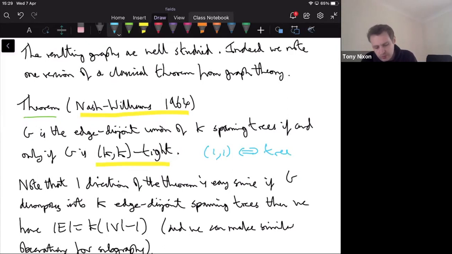If K is greater than 1, then you get a non-trivial union: you take the edge disjoint union of K spanning trees. So 2, 2 tight graphs decompose into 2 edge disjoint spanning trees.